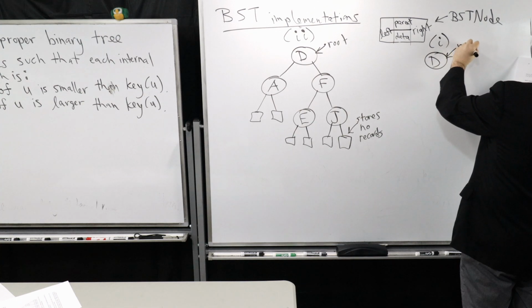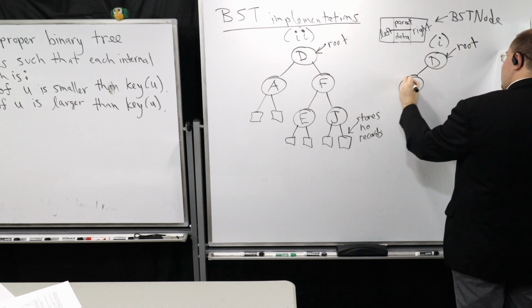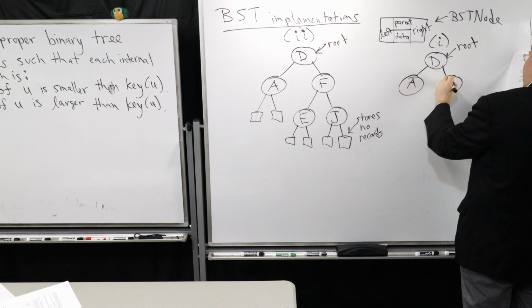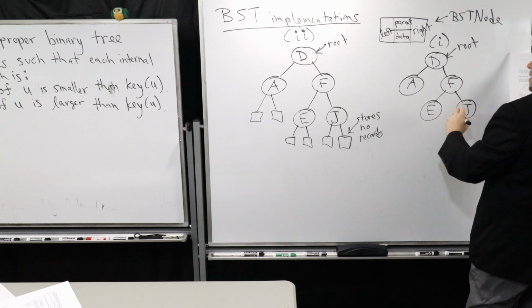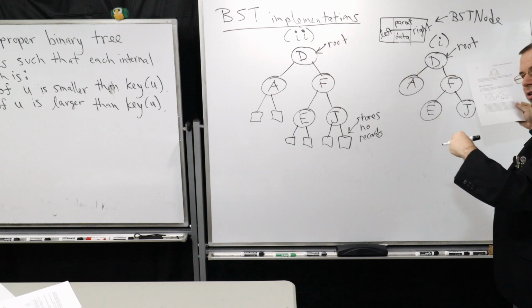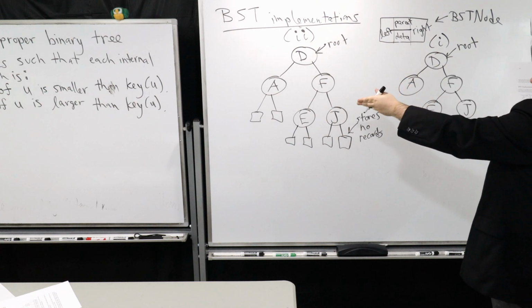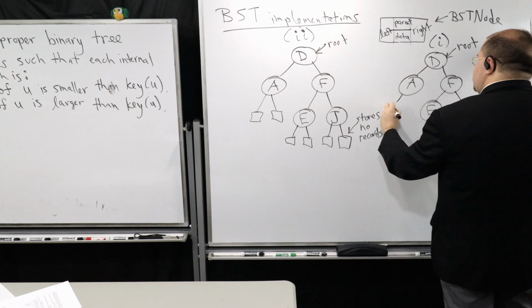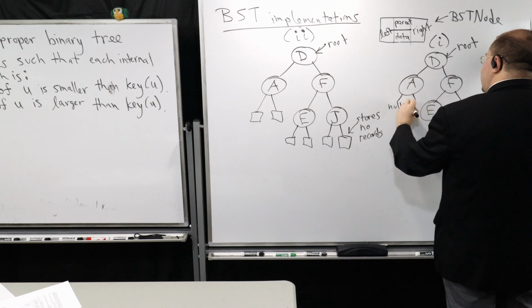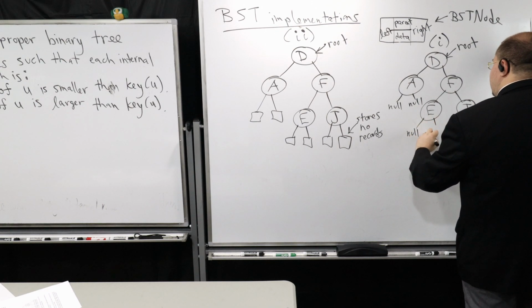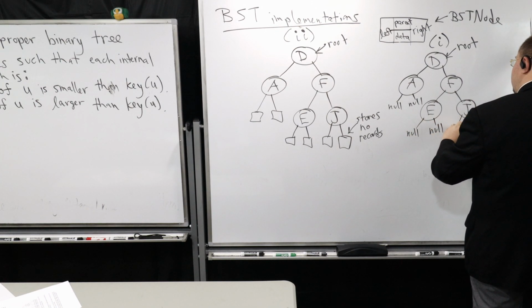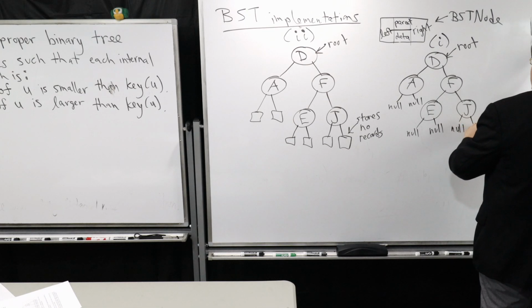Again, you can have the root, you can have A, F, and then you have E and J. And wherever you see one of these placeholder nodes, which are our leaf nodes over here, you're going to use null for its left child, null for its right child, and so on for each one.